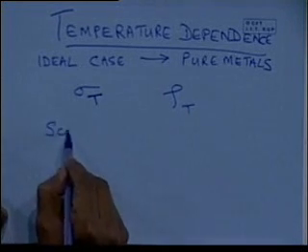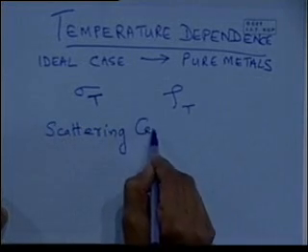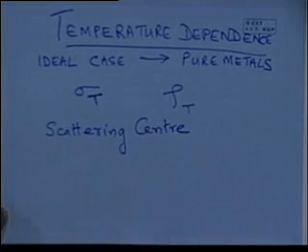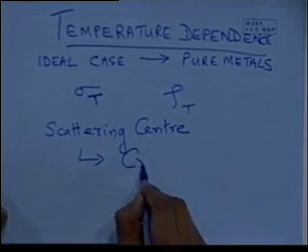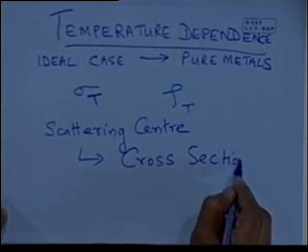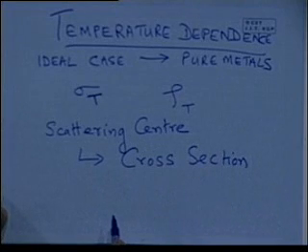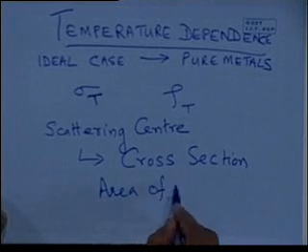Now for every scattering center, which in this case we are restricting to just the atomic vibrations, there is something that we will define called a scattering cross section. Fundamentally it simply means an area of influence, if you want to understand it in very simple terms.